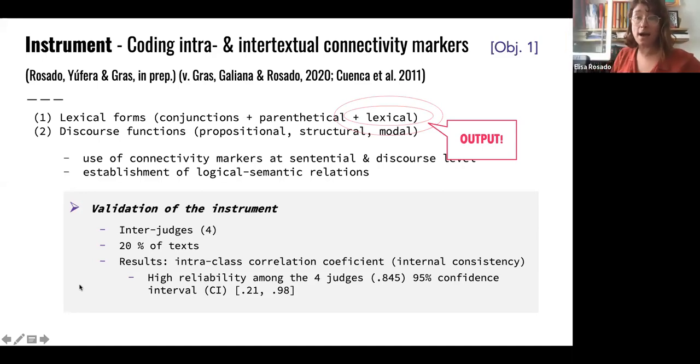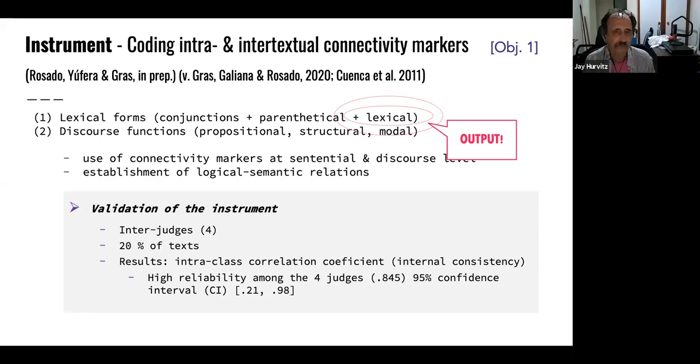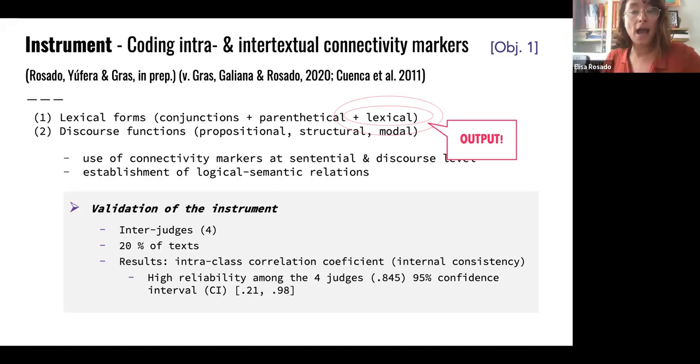Right. We actually tested how valid the instrument we developed was, and we performed the coding in 20% of the texts, and we got quite a nice reliability correlation coefficient, 0.5. Right.